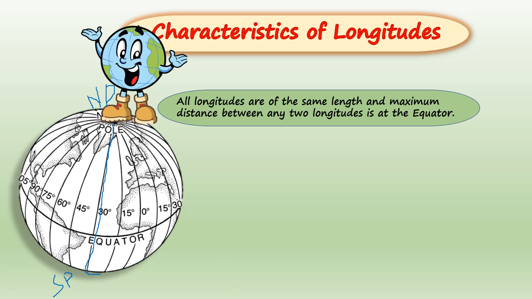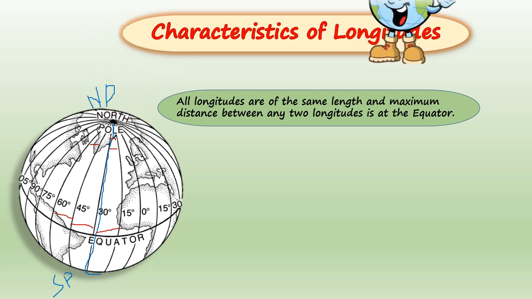You can see here children. See here the distance and see here the distance. At the equator, they are having maximum distance between two meridians or between two longitudes. You can see here children, and near the poles the distance is decreasing. Is it clear? And they are meeting at the pole, that is why they are not parallel also.